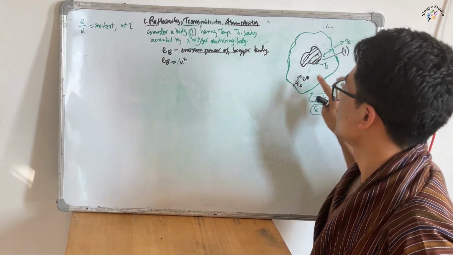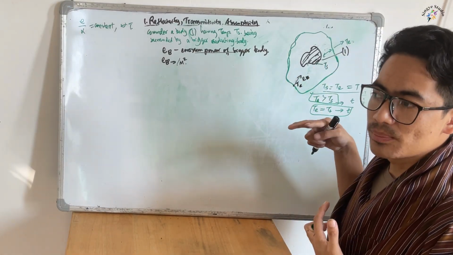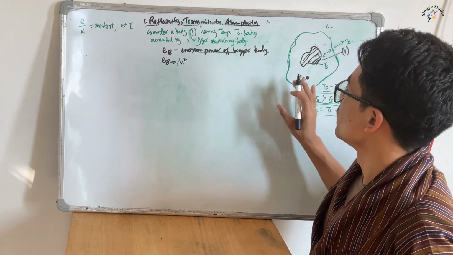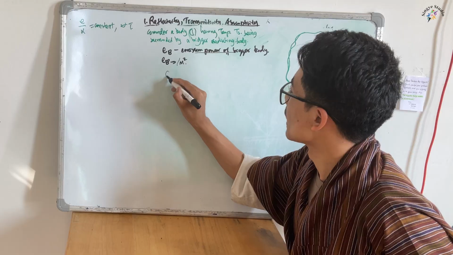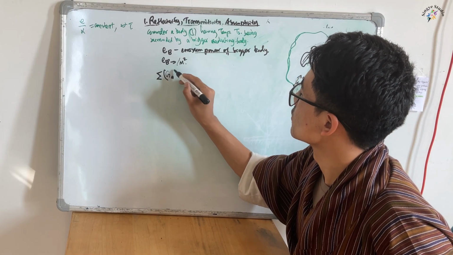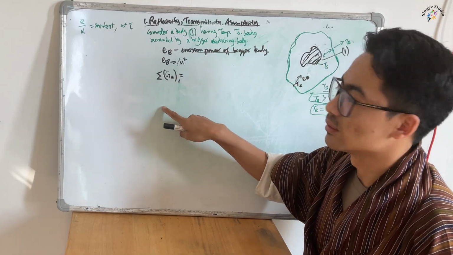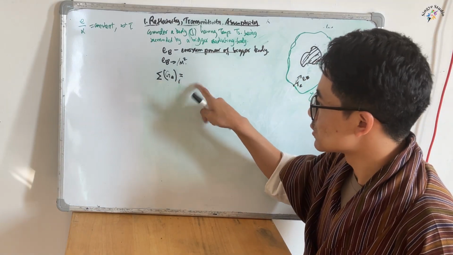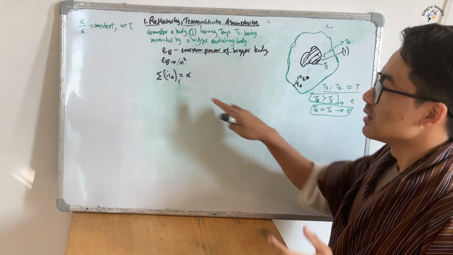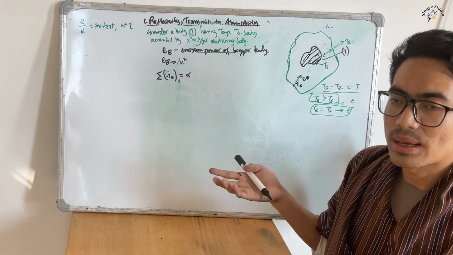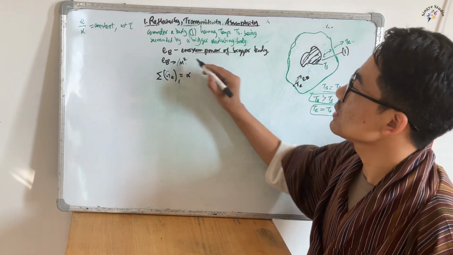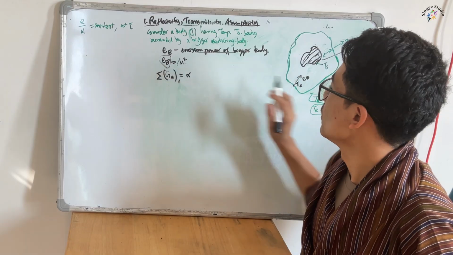So the total heat which my body will absorb, the total ray absorbed by body 1, equals the fraction governed by absorptivity.